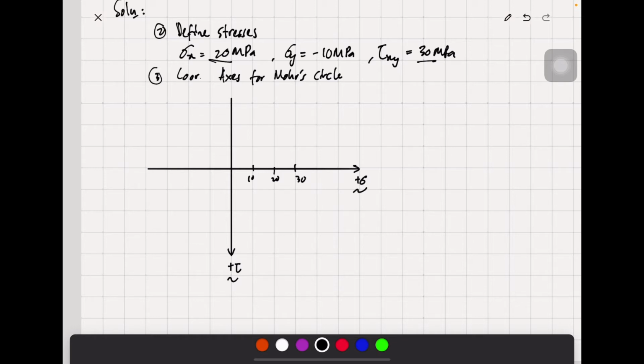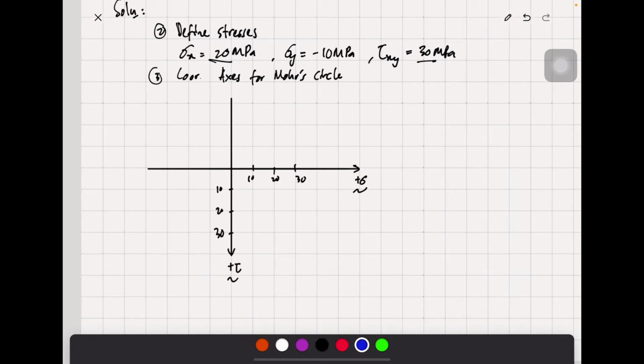So I'm going to say my point A is 30 over here, positive x is 20, as well as the positive 10, 20, 30 for my shear stress.